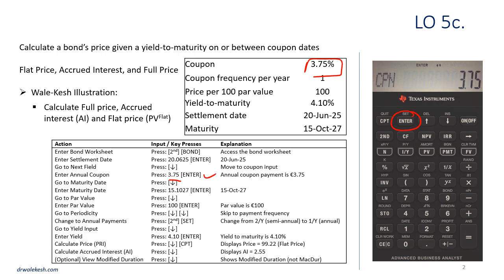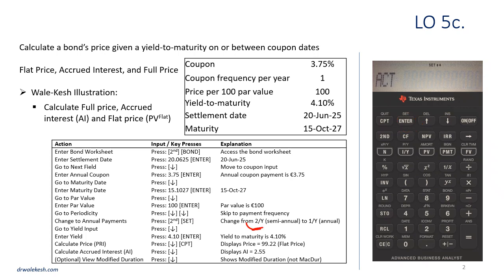This is enter here, then the arrow pointing down again, then the maturity, that's 15.1027, then enter, then arrow pointing down, the par value is 100, you need to press 100, then enter, then the arrow pointing down twice.